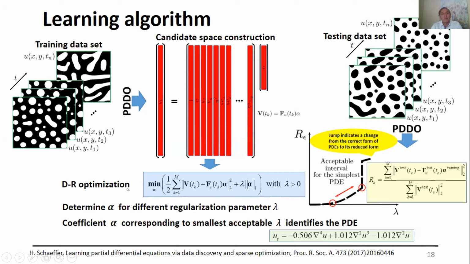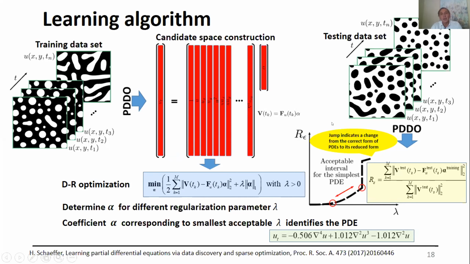And we use Douglas-Rachford optimization to solve for alpha for different regularization parameters. So we use the training data, we construct the feature matrix, then we do optimization for each regularization parameter, and we determine alpha.